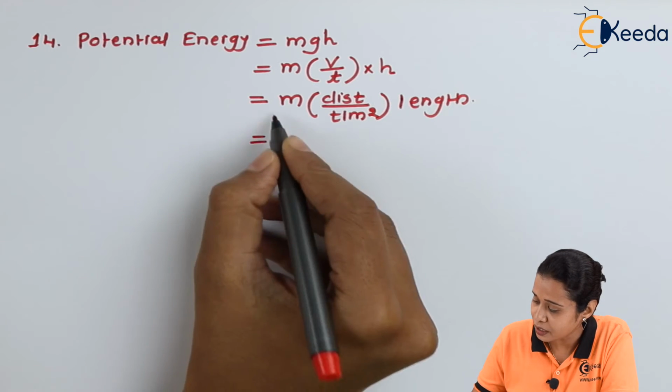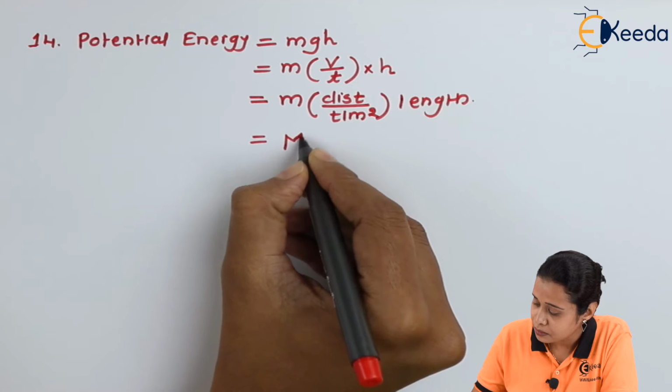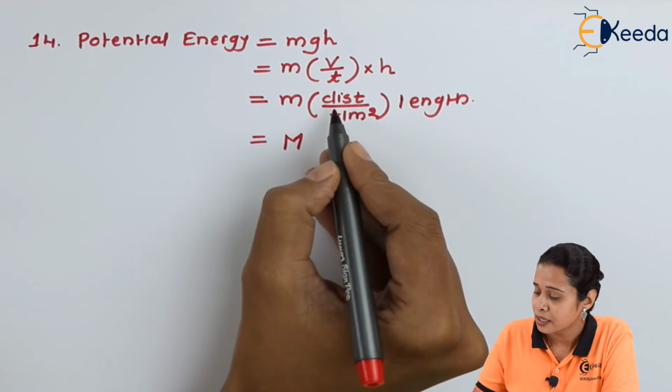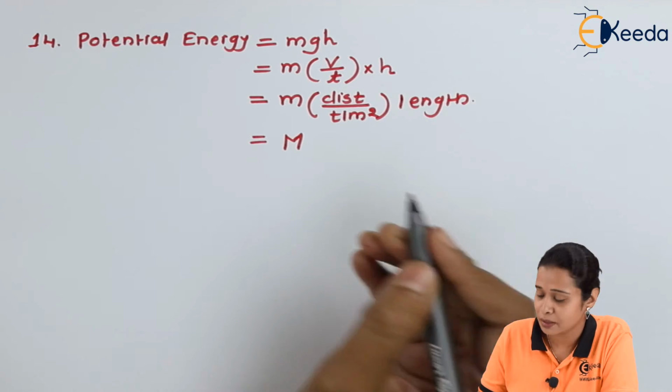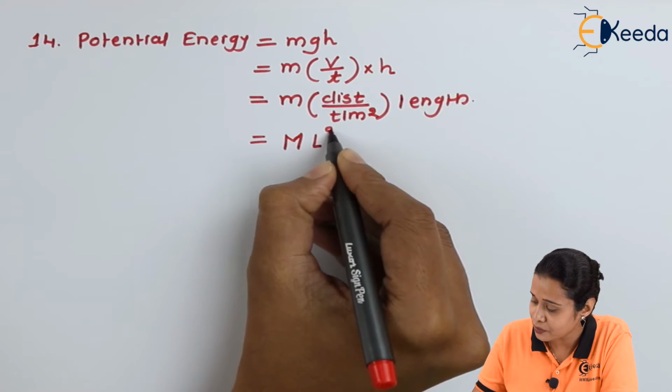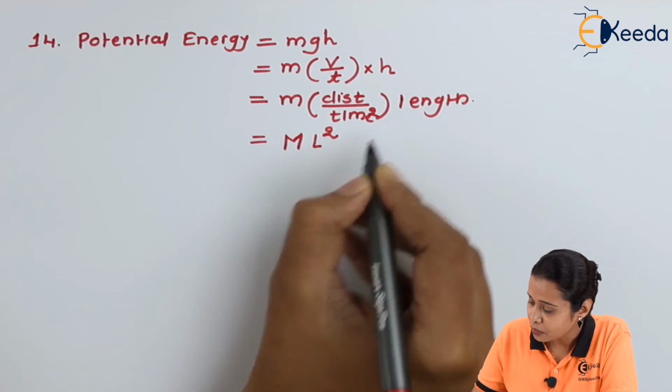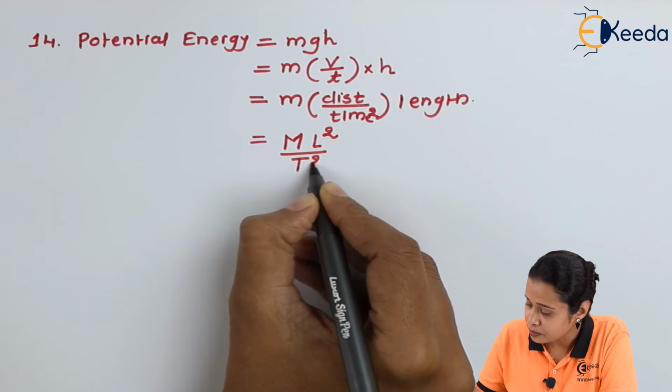So here we write m for mass, distance and length are the same quantity, so we'll write L square, and for time we'll write T square.